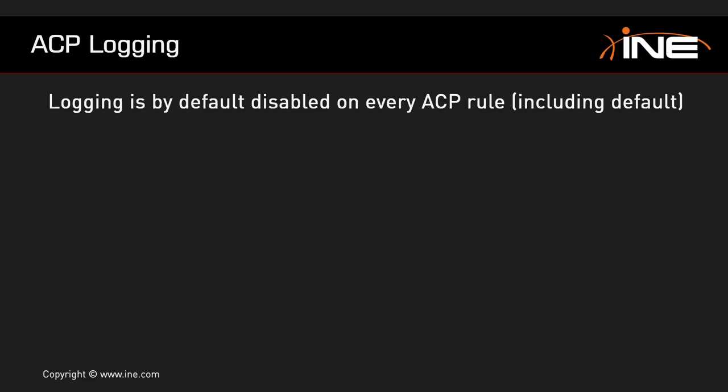And remember that by default, logging is going to be disabled on every single rule that you create, including the default action rule that already exists, with two exceptions. One exception is going to be when you build a rule and configure it with the monitor action. In this case, logging is going to be automatically enabled because this is the purpose of the monitor action. We want to track and log the session.